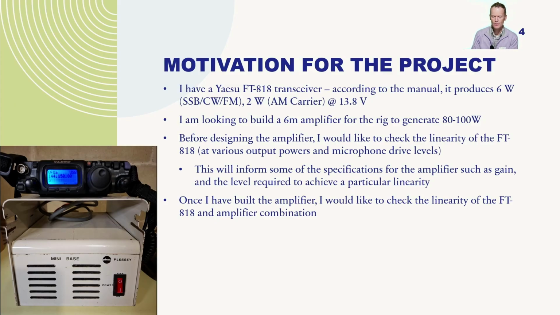So if the voltage is lower, then the output power will drop a little bit too. But I'm looking to build a 6-metre amplifier for this radio. I've currently got a 2-metre amplifier, but I wanted to build a 6-metre amplifier as well. Something to produce in the order of about 80 or 100 watts.